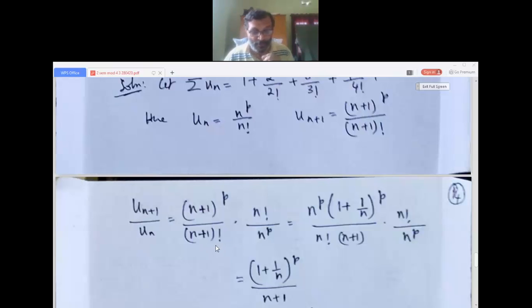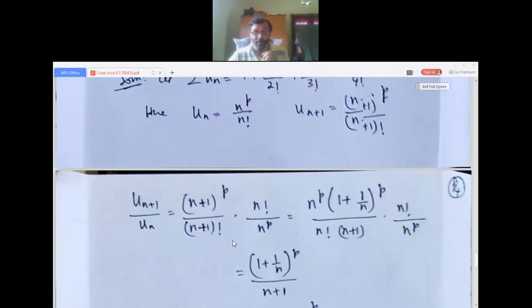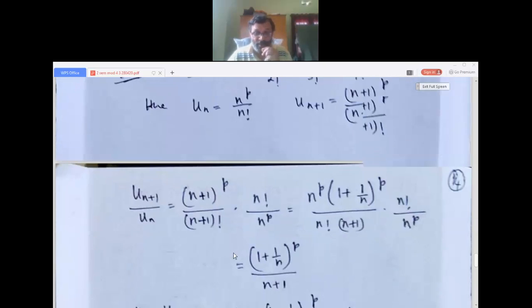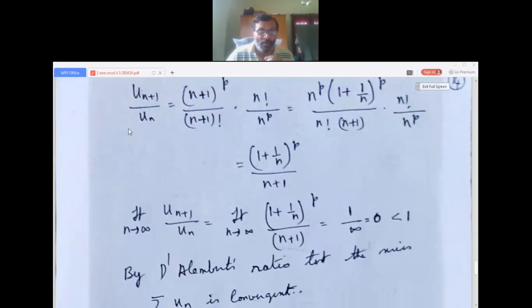So n plus 1 factorial can be written as n factorial into n plus 1. You have used this method again and again. Now this n factorial cancels, n power p cancels. So we are left with 1 plus 1 by n whole power p divided by n plus 1. This is un plus 1 divided by un.